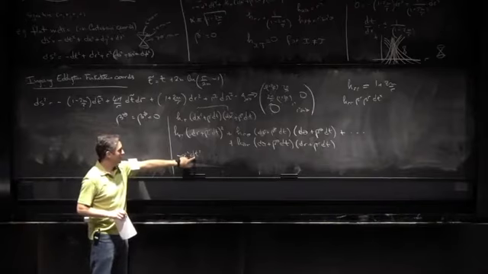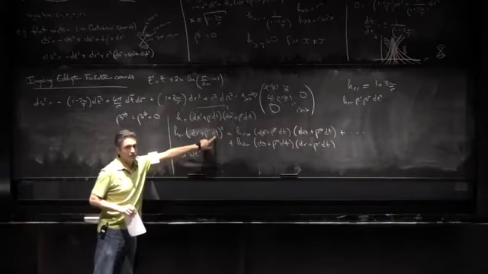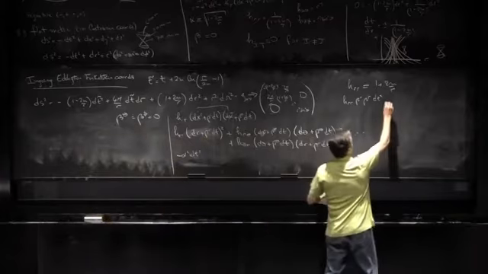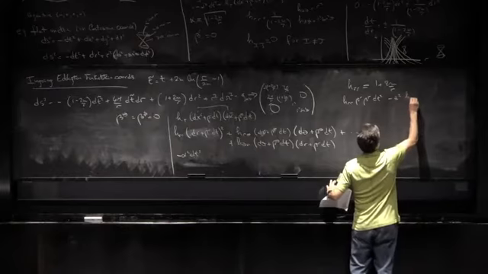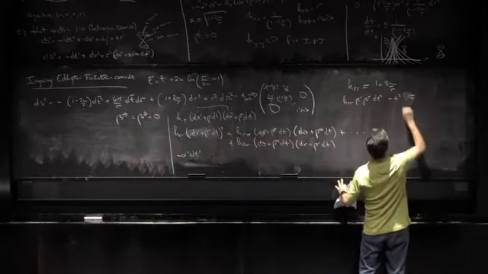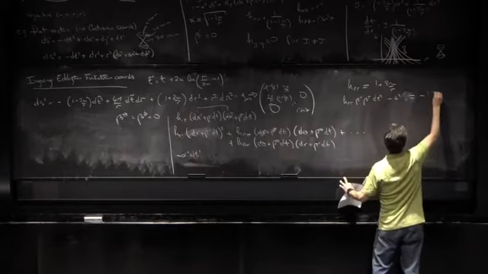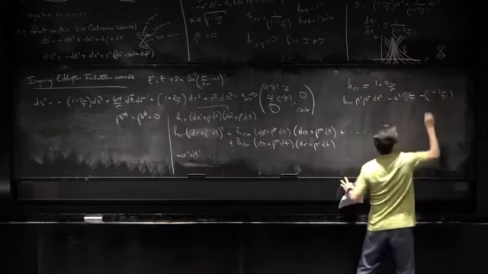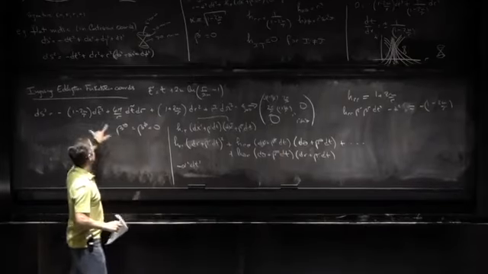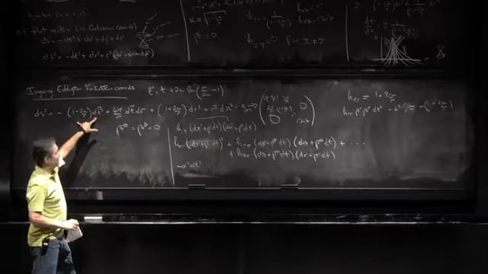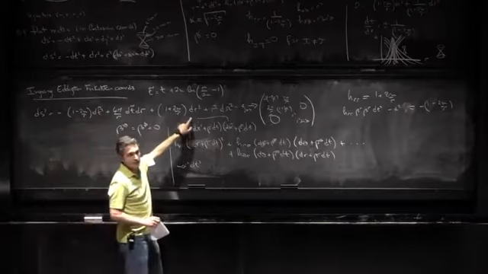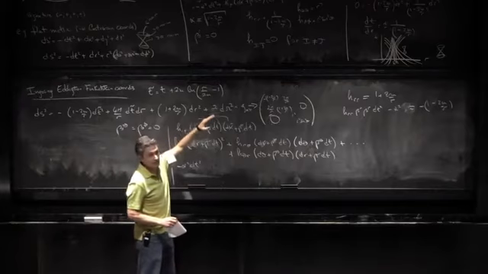For dt squared, I'm going to have dt squared from here, and we'll have a beta r dt squared from there. Minus alpha squared, and that has to be equal to minus 1 minus 2m over r from here. I'm just matching the coefficients, dt squared, dt dr, etc., by expanding the matrix.